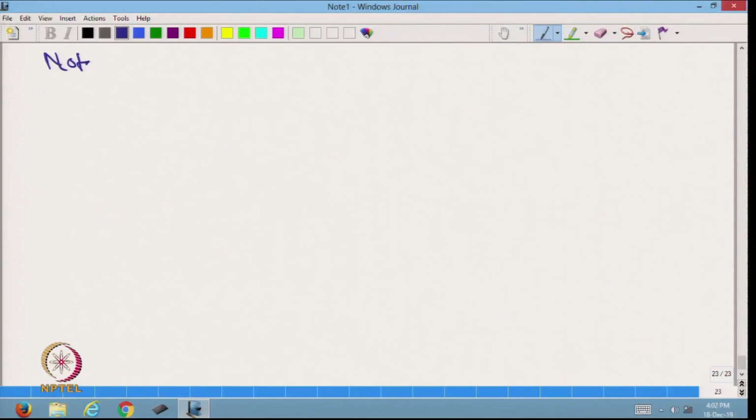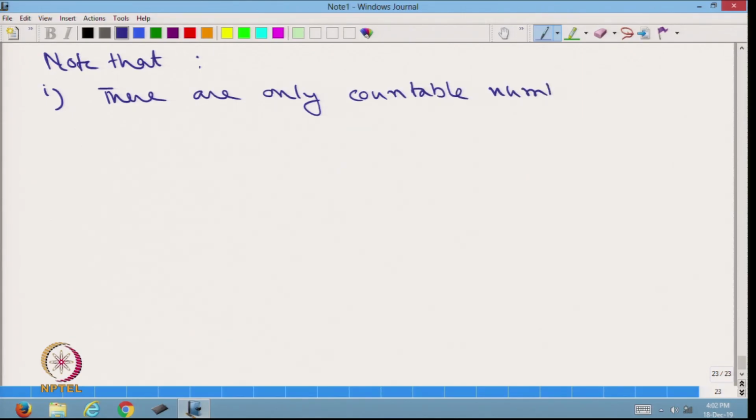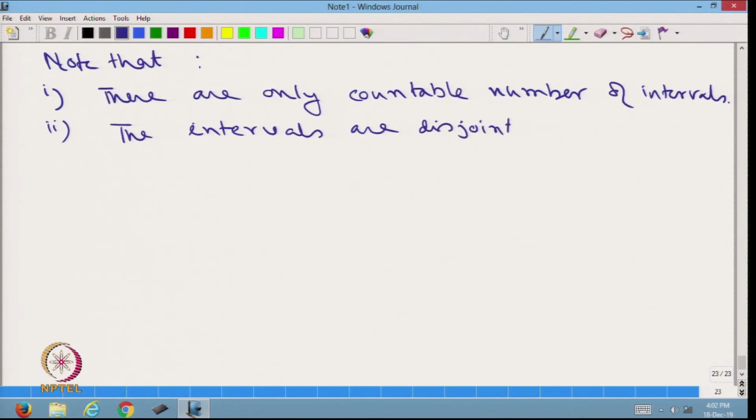So, note that, 1, there are only countable number of intervals. 2, the intervals are disjoint. And third, they cover the entire real line.